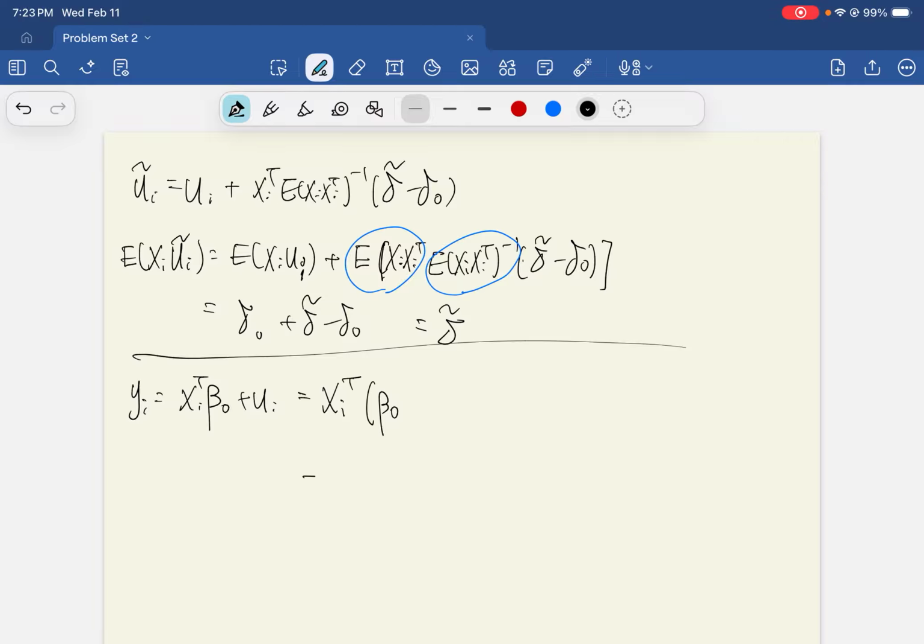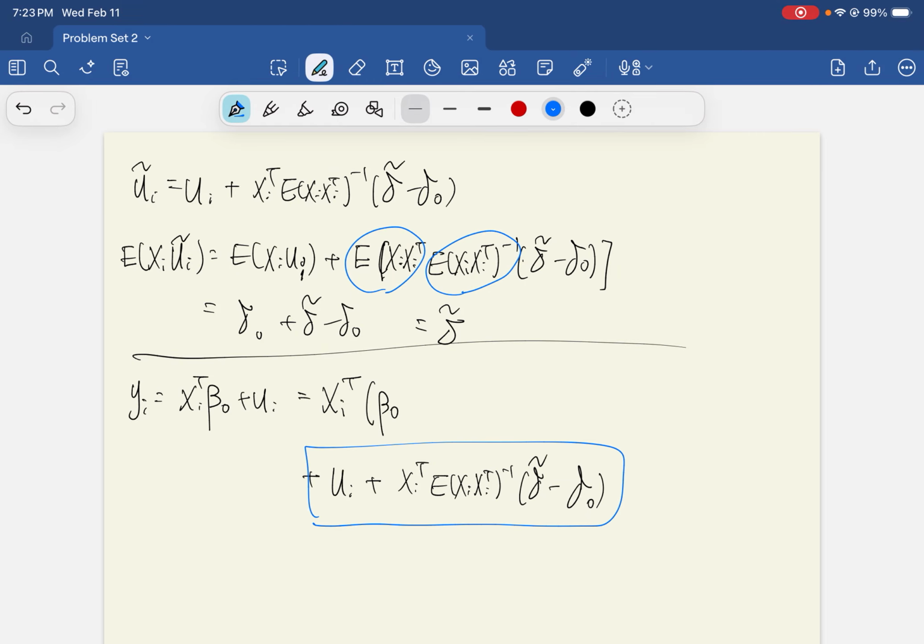I will add something, so u_i plus x_i transpose times the inverse of the expectation of x_i x_i transpose, times delta tilde minus delta 0. This is what I defined as u tilde. But to maintain the equality, I have to subtract this much from here.